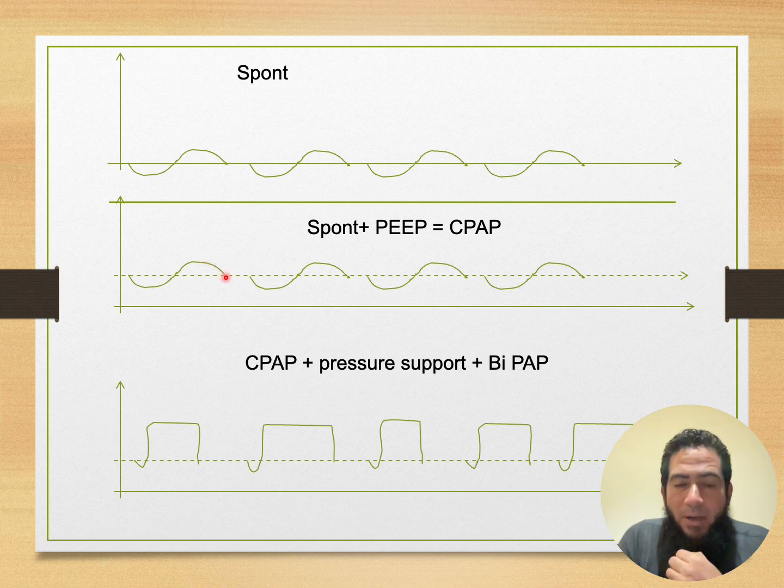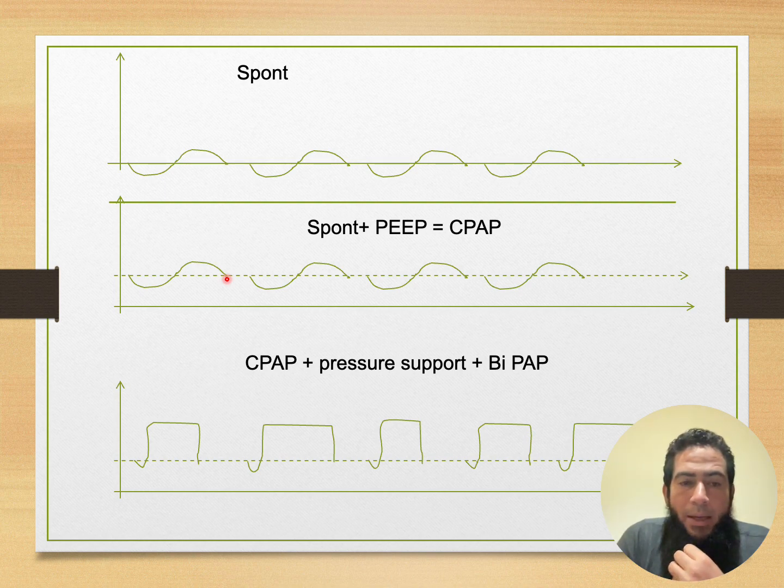And instead of allowing the pressure to come back to 0, when it reaches 5, the expiratory valve will close and keep the pressure of 5 inside. And that's important to recruit the alveoli and keep them open.